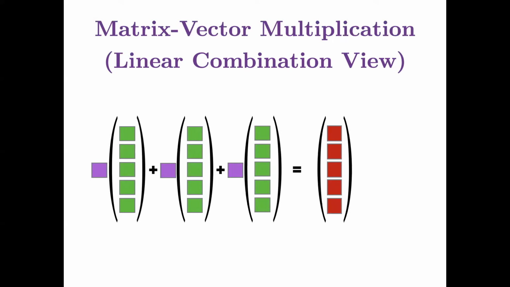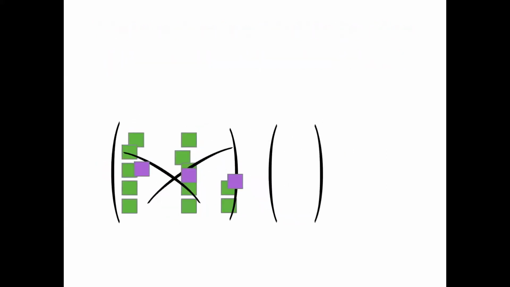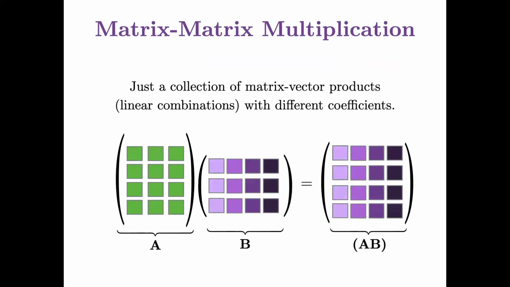When we multiply two matrices, what we're doing is really just a collection of matrix vector products with different coefficients. So here, this matrix A is 4 by 3, 4 rows, 3 columns. B is 3 by 4, 3 rows, 4 columns, and the resulting matrix is 4 by 4.